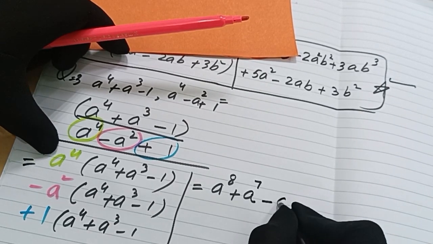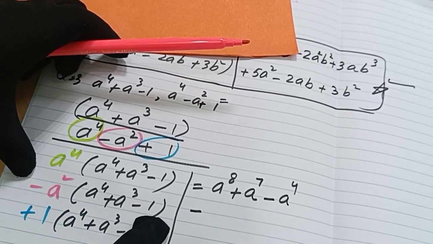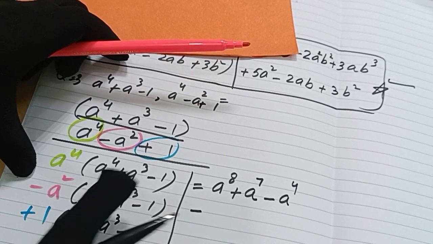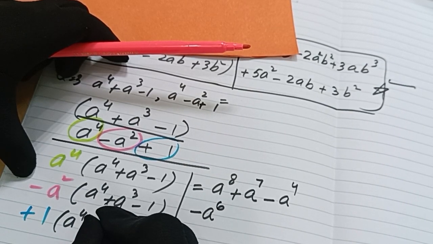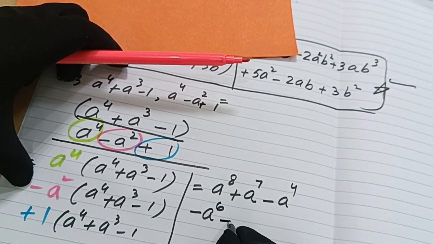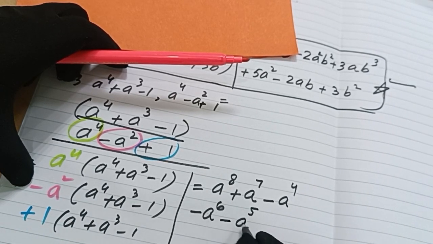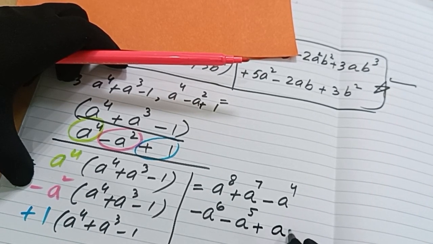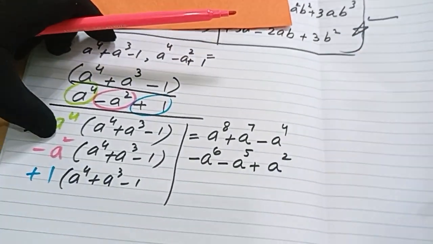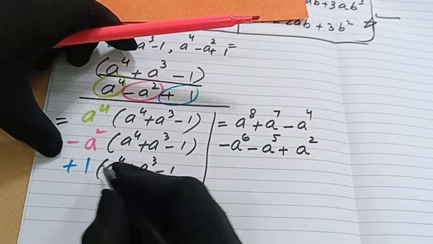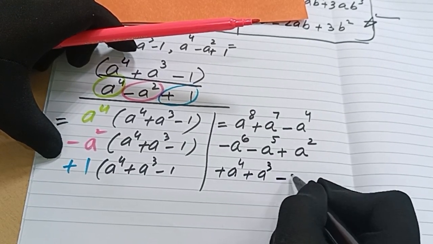Minus 1 multiplied, it will remain same. Then minus, it means all signs change. Minus a square times a4, a, 2 plus 4, 6. Minus will change to plus, plus will change to minus, a, 2 plus 3, 5. This will change to plus, it will remain a square. In the next, plus a4 plus a3 minus 1.